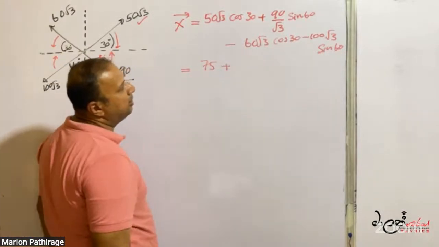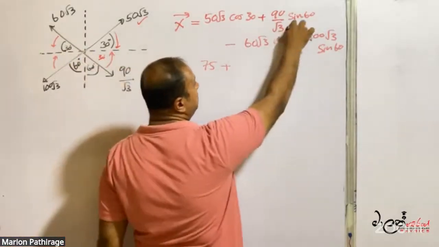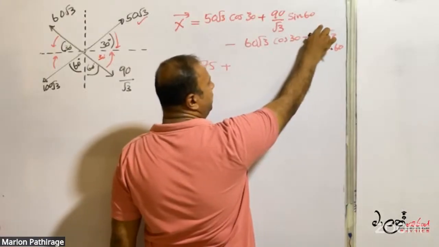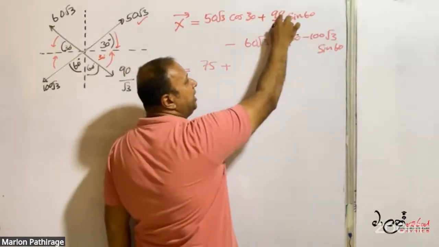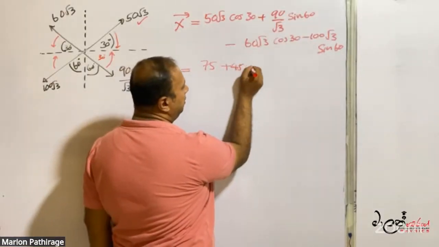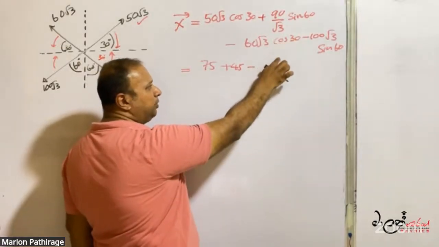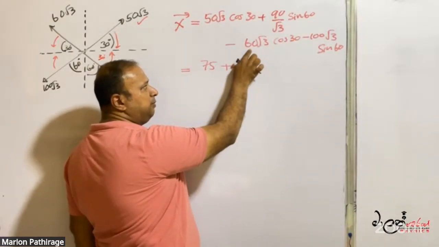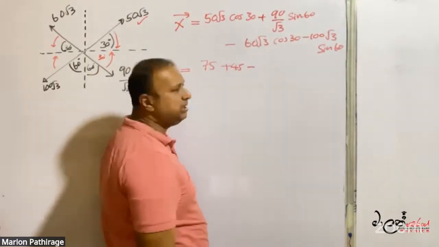Plus sin 60 means root 3 over 2. Then root 3 to root 3 will be cancelled out. 90 divided by 2 means 45. Minus, again root 3 over 2. 2 to 60 will be cancelled out. 30 into 3 means 90.